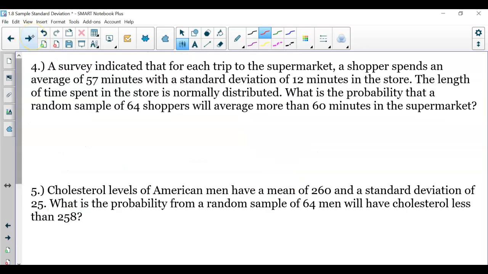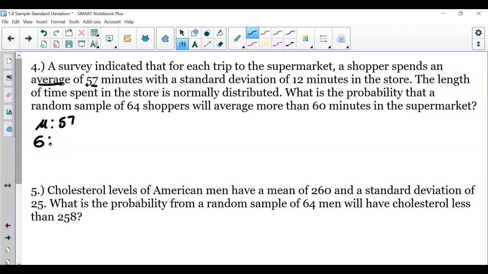So now let's go ahead and calculate the probability, but of a sample. So here again, we are still going to identify what is the mean. So reading through this problem, what is our mean? What is our average? Average is 57 minutes. Then we need the standard deviation.